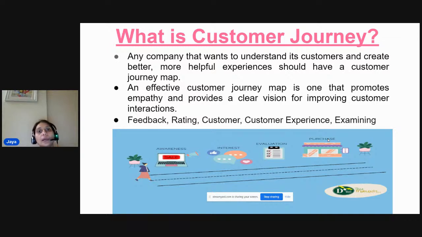But in plain and simple words, the customer journey is a travelling process from buying a product to feedback and review. Everything is counted in that particular journey.